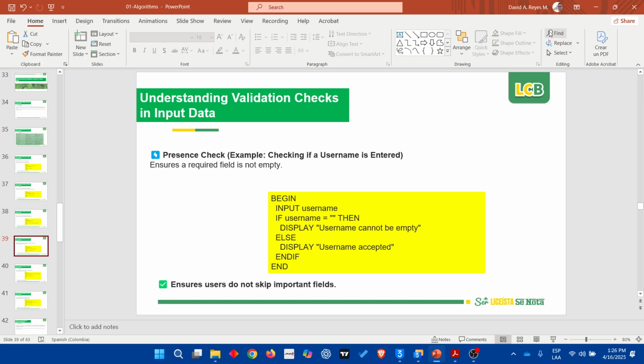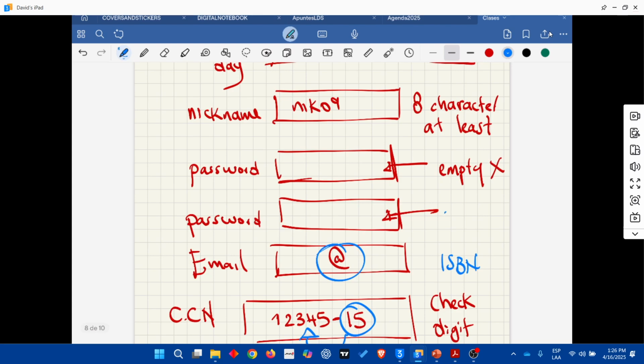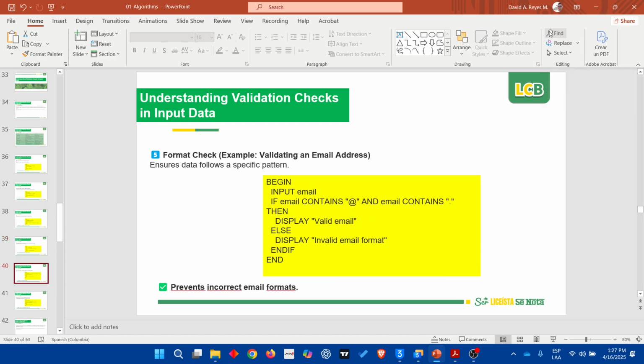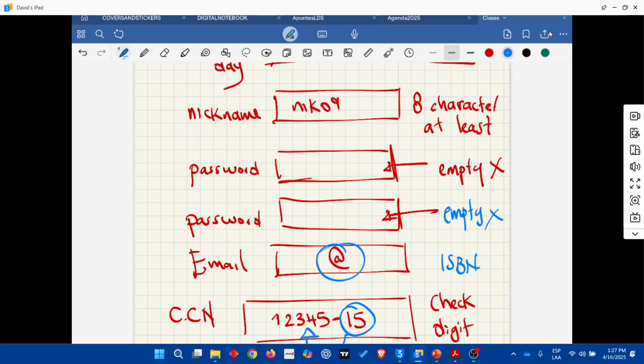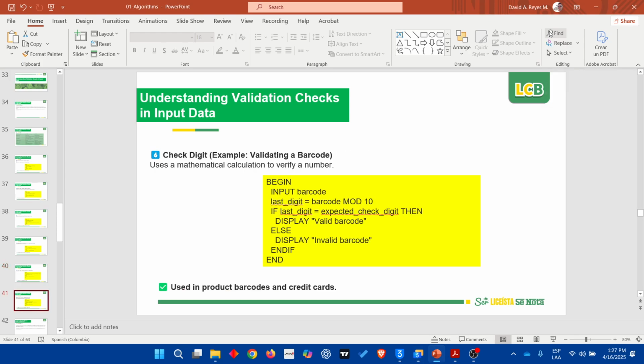This is that you are putting information in a field, the one that I told you that those fields, for example, cannot be empty. So you need to verify that someone puts some information there and those fields are not empty. And the other one is the format check. Like for example, in this one, we are verifying if your email has an at. And this is the check digit.